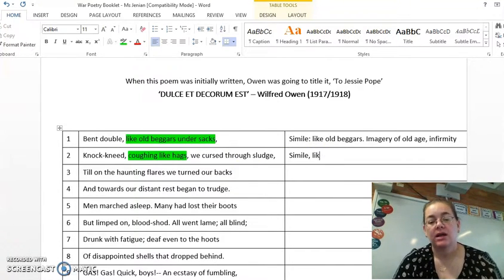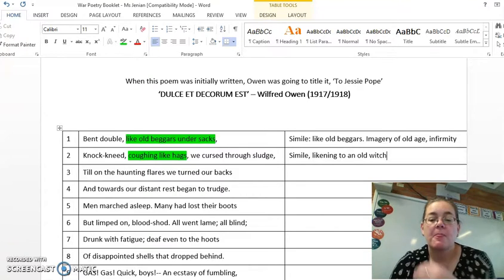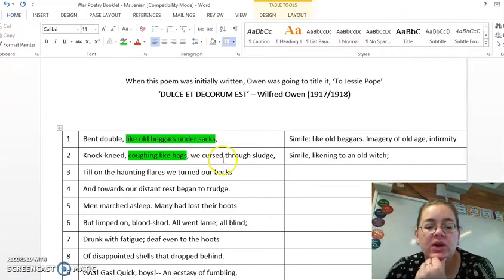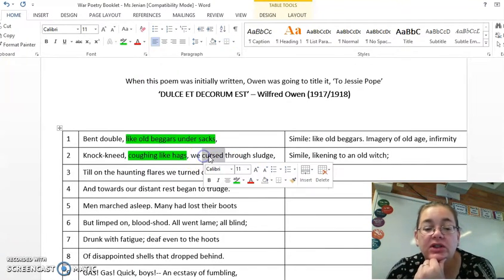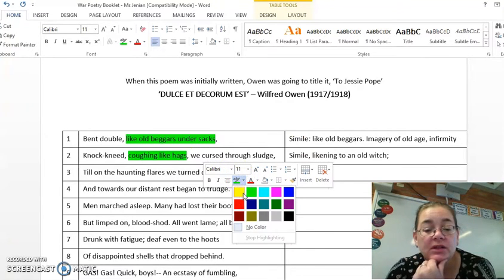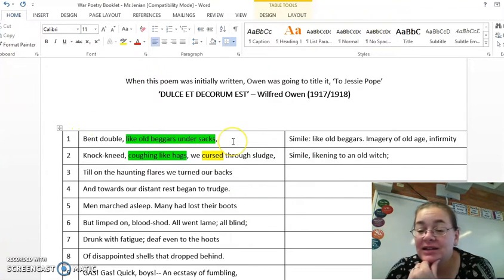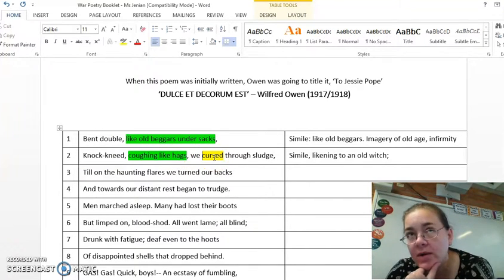Simile, likening to witch, we put that. You've also got this, we cursed through sludge. So cursed, swore. So they're basically knock-kneed, coughing, bent over, like old men, old hags, cursing, swearing their way through mud.